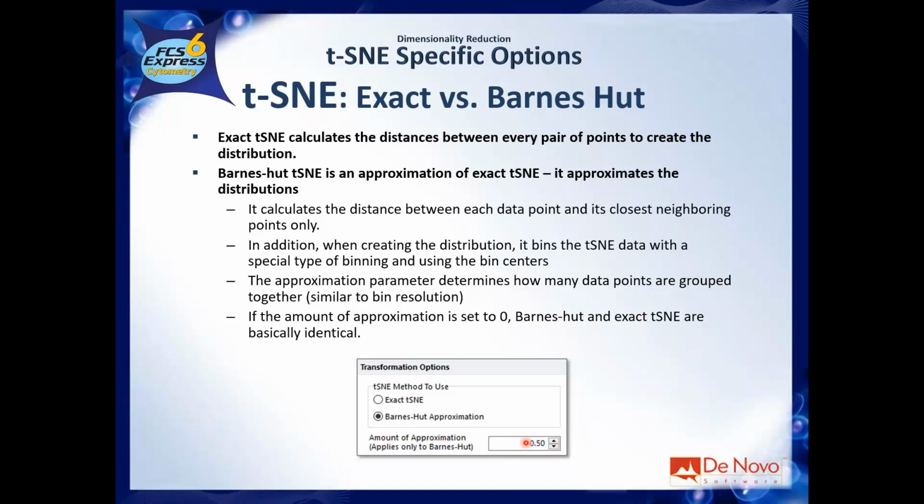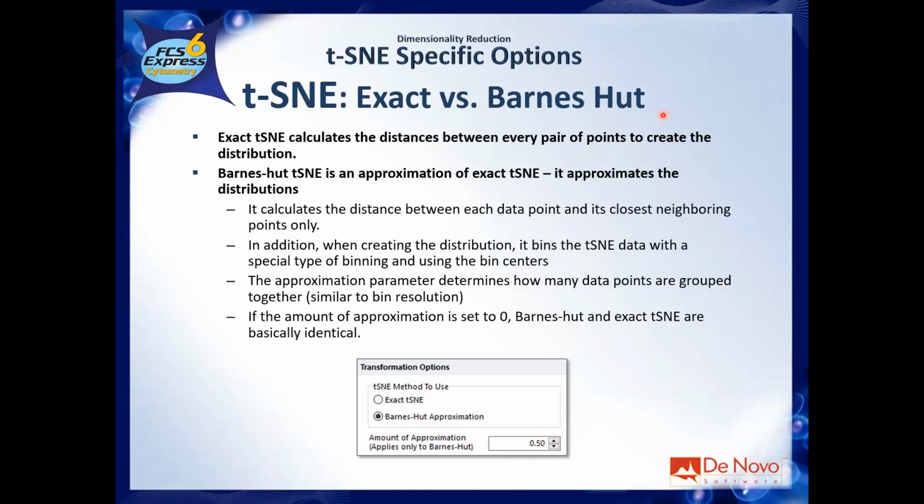So it goes from 0, which means no approximation, to 1, which is the highest amount of approximation. Basically, if you set it to 0, Barnes-Hut and exact tSNE are basically identical. 1 is the highest amount of approximation. The advantage is that the algorithm will be faster, but of course, your data will be more approximated. By default, FCS Express uses 0.5.